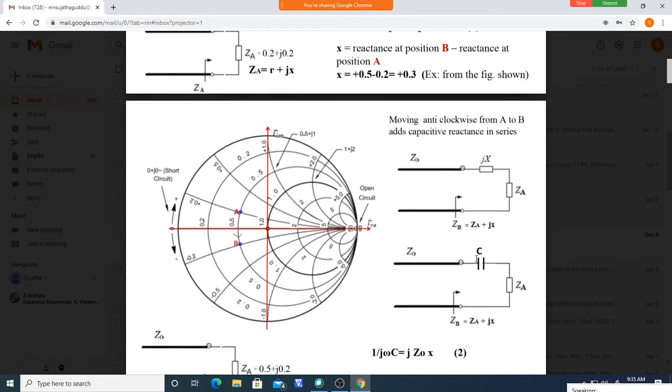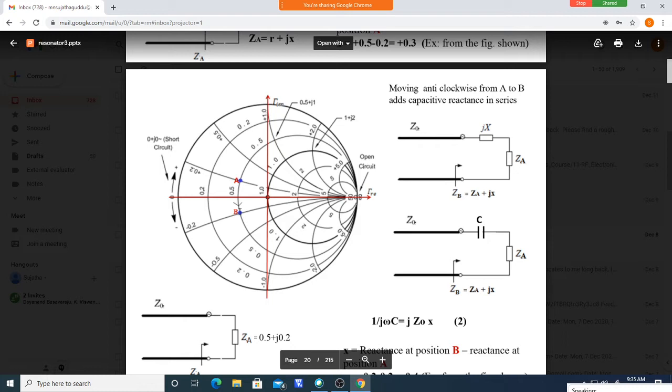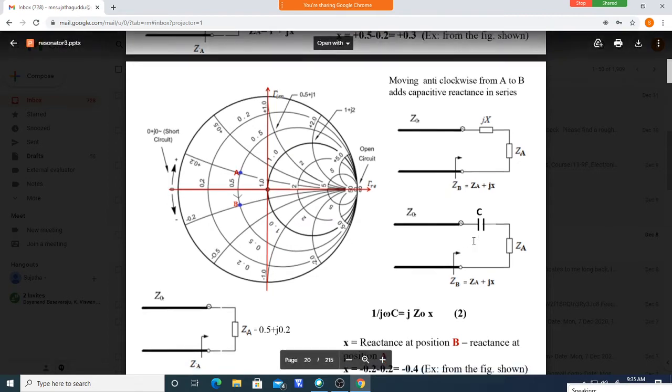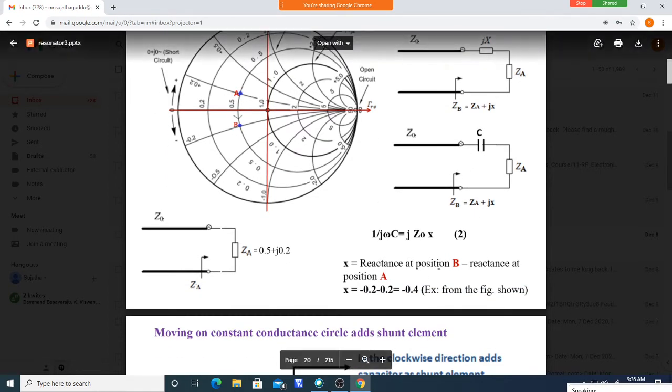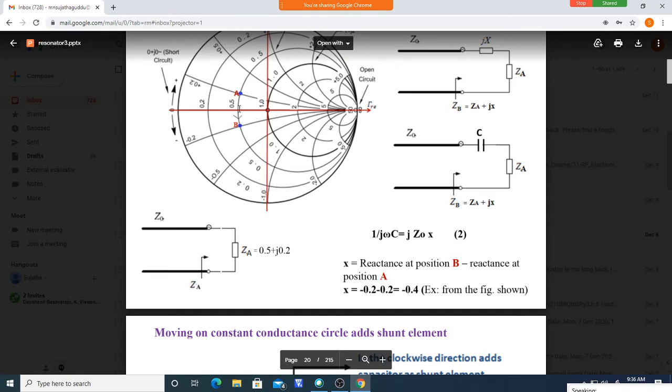What is the value of the capacitor added? You should find out what value of capacitor it adds by moving like this on the resistance circle. To find that, same procedure again. Find the reactance at B, the final position, and subtract the initial value from the final value.